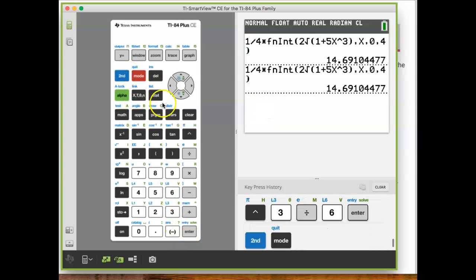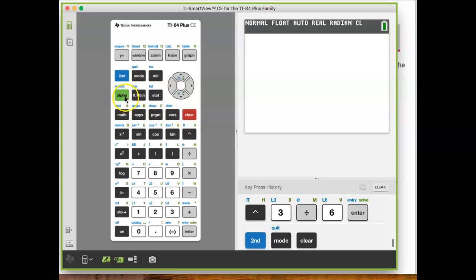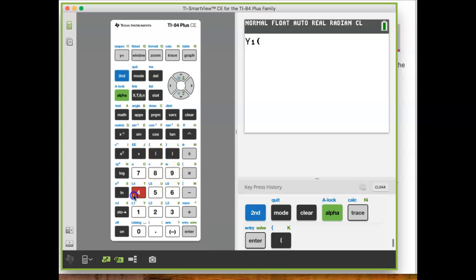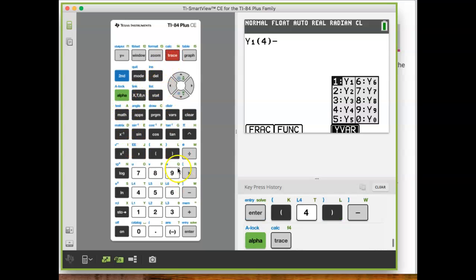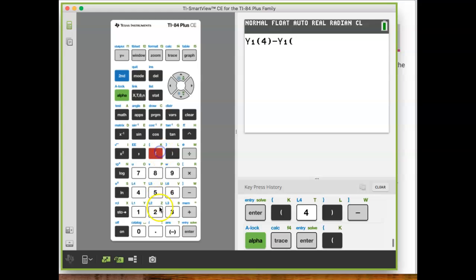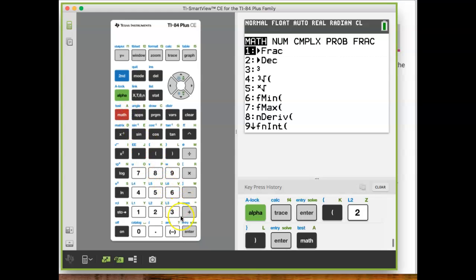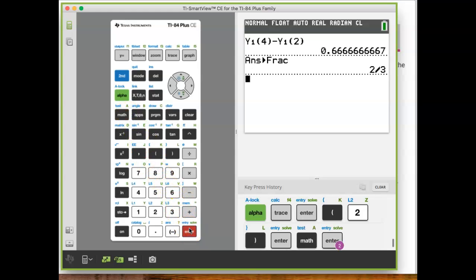Once it's there, you can just go alpha trace y1 of the upper limit, which is 4, minus alpha trace y1 of the lower limit, which is 2. So I plugged the upper limit into the antiderivative, plugged the lower limit into my antiderivative. Now I'm just subtracting. That's the shortcut to your y variables.